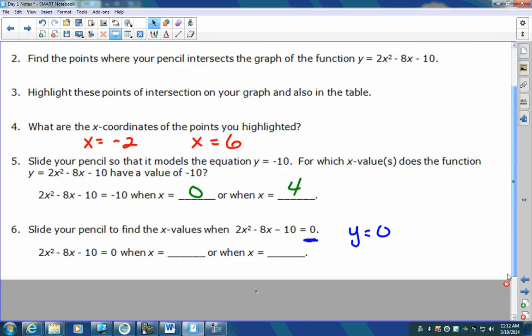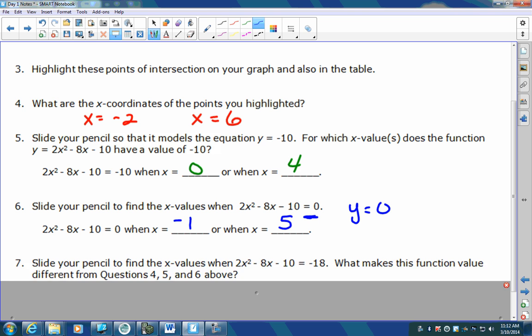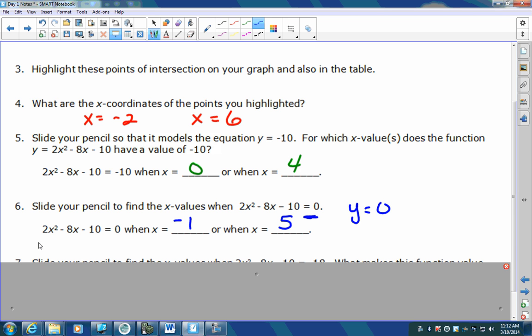So right here I have negative 1 and 5. These points right here are called, that's what I wrote on the other thing, your x-intercepts. We called them your roots. We call them zeros. In this case, it's the solution because that's where it equals 0 when we're setting it equal to 0.